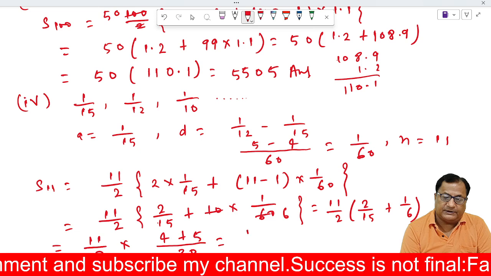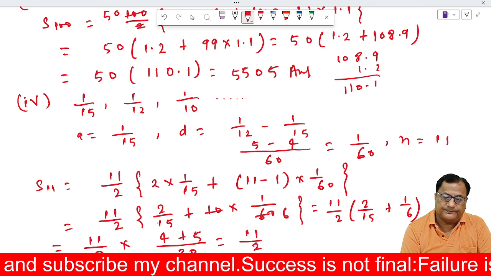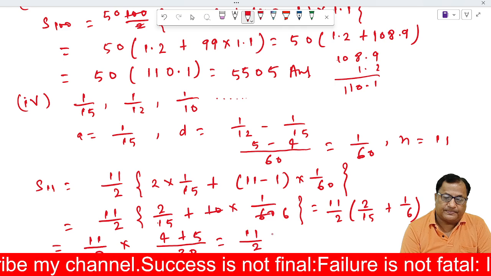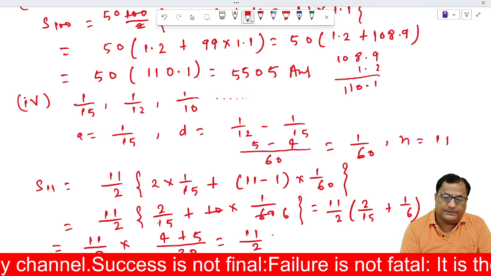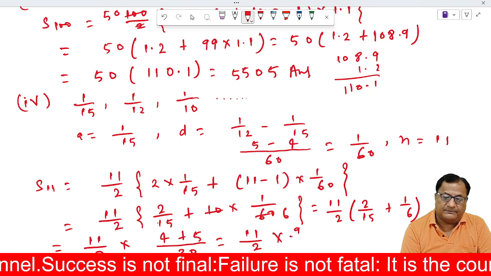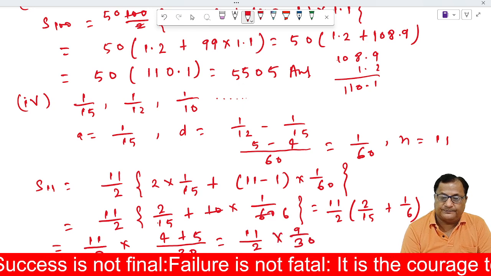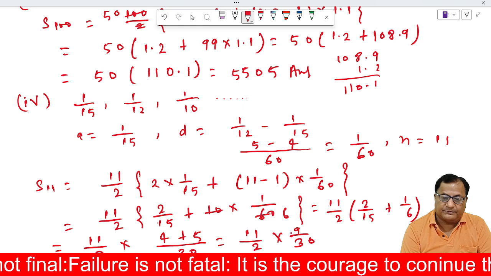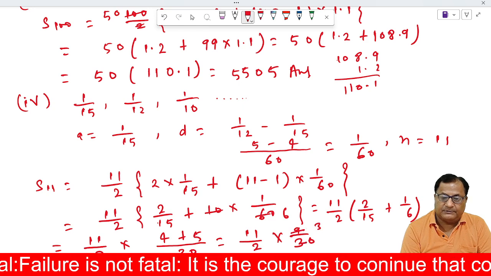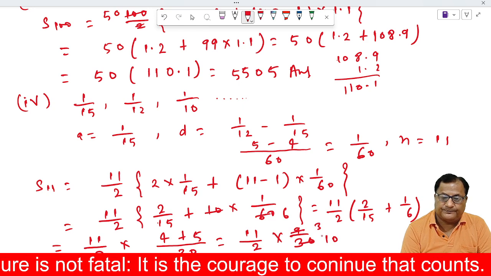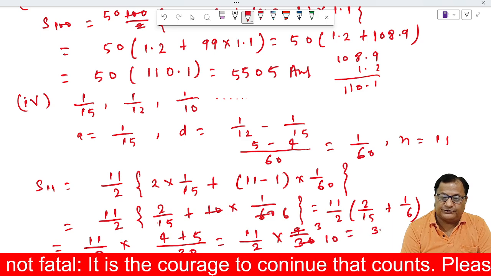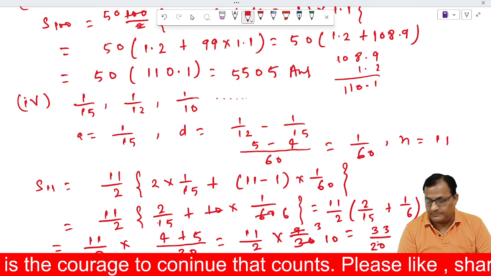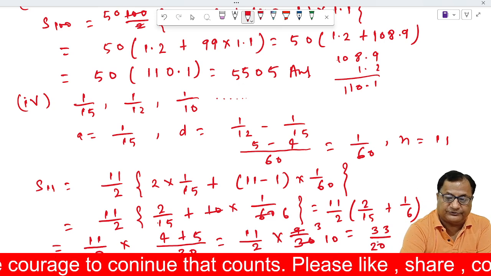So this will be 11 by 2 into 9 by 30. Nine threes are 27, so cancelling, it gives 33 by 20. This is the answer.